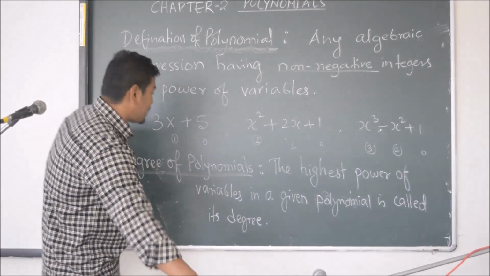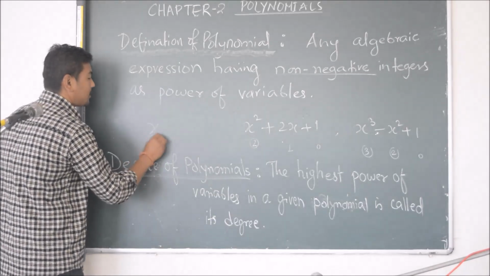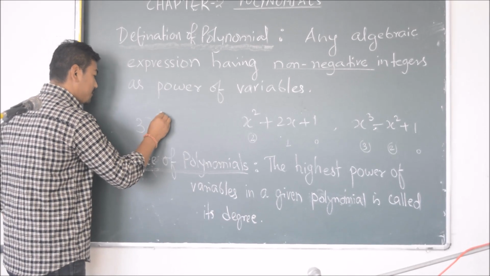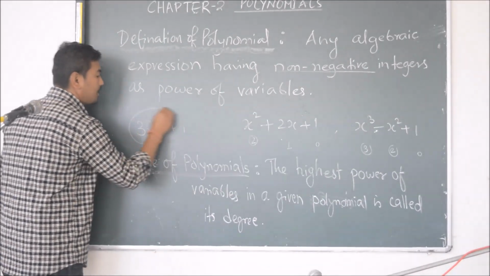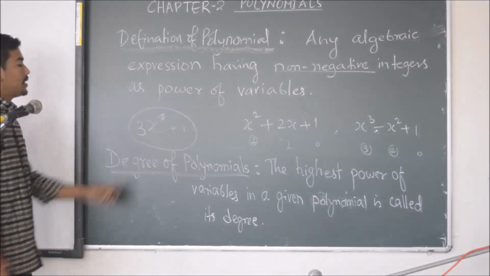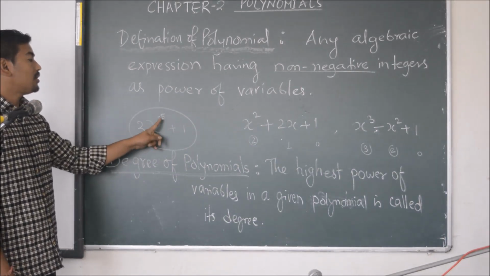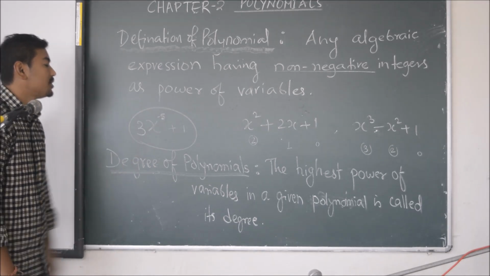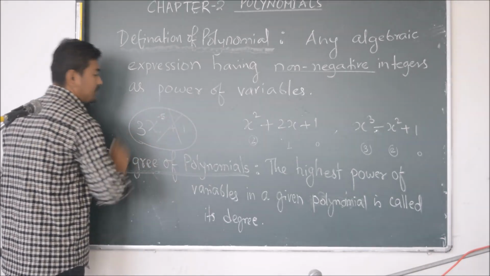So let me write one more algebraic expression like this. If I write 3x to the power minus 5 plus 1. Now there is a problem. Since here the power of x is minus 5, which is a negative integer, this is not regarded as a polynomial.